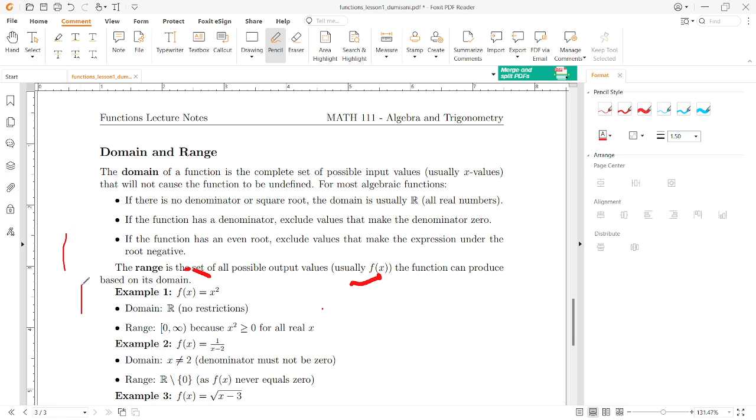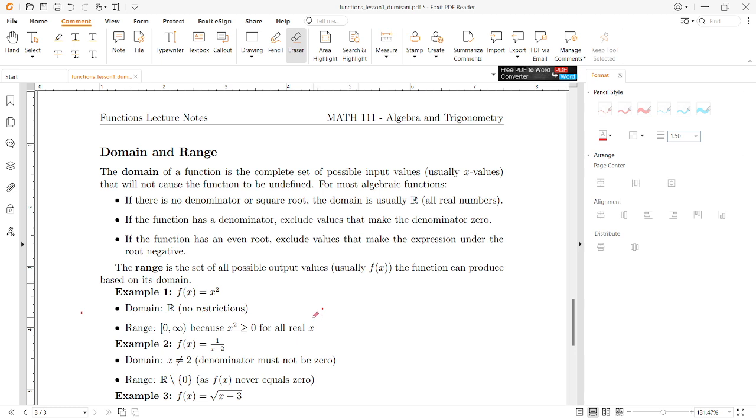Example, if we are given a function f of x equal to x squared, in this case, the domain is the set of all real numbers. So in this case, there are no restrictions for the input. So you're looking at all the values on the real line. For the range, we have from 0 to infinity.